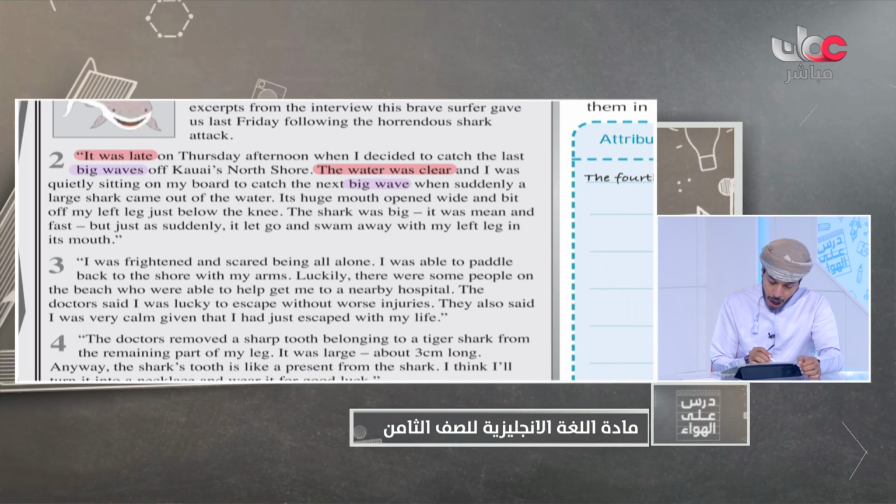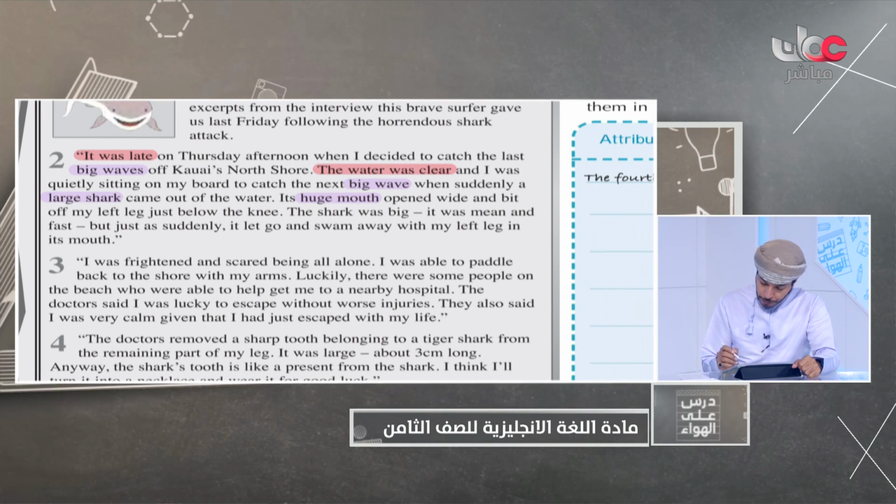When suddenly a large shark, again, it is attributive because the adjective comes before the noun, came out of the water. Its huge mouth, again, it's an attributive adjective, huge mouth, opened wide. Good. Here we have opened wide.